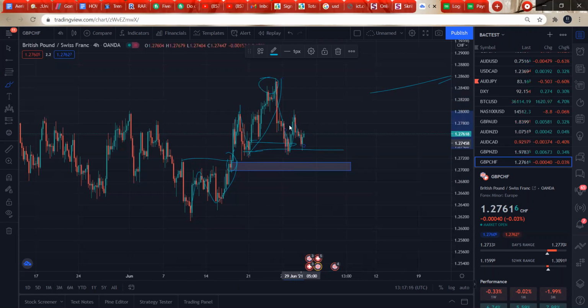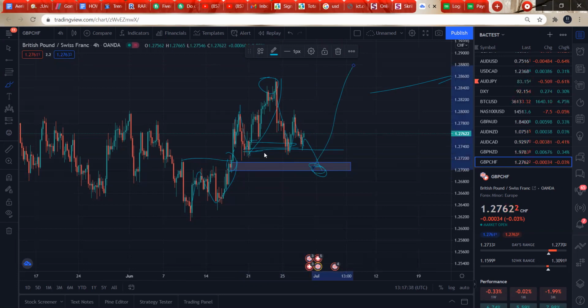So now we're expecting at least, because usually if the market is like this, if we have an order block here, this is like an area of accumulation. So if we have something like this, usually the market will come down here and test this order block before it goes up.